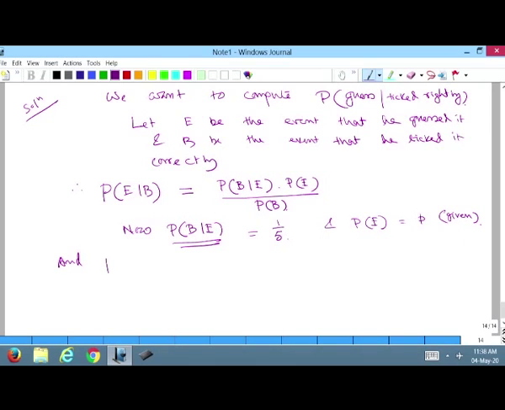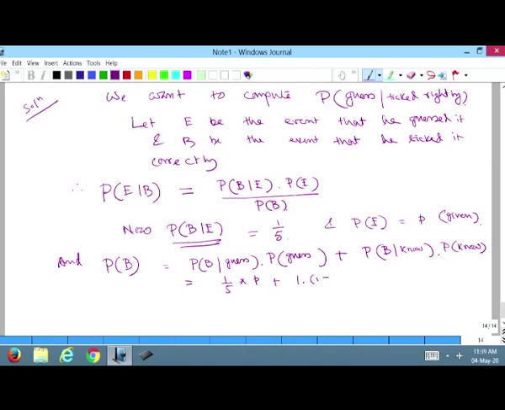And the probability of B is equal to the probability of B given he is guessing multiplied by the probability of guessing, plus the probability of B given he knows the answer multiplied by the probability he knows the answer, which is 1 by 5 multiplied by P plus 1 multiplied by 1 minus P, equal to (P plus 5 into 1 minus P) upon 5, which is (5 minus 4P) upon 5.